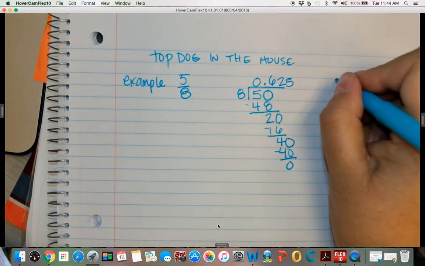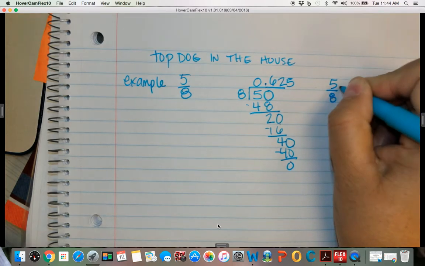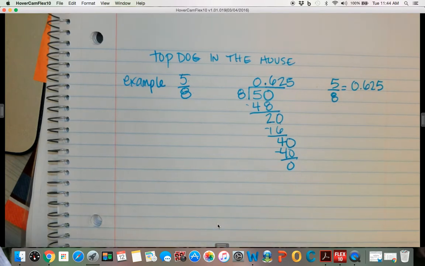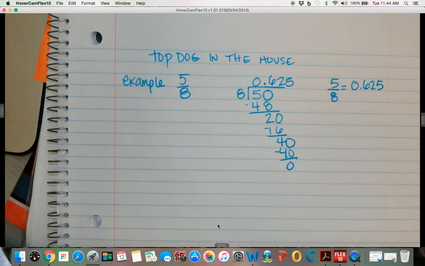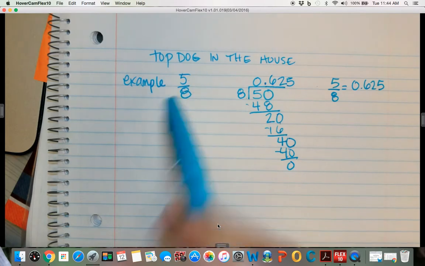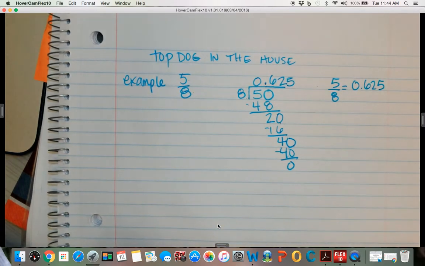So 5 over 8 is equal to 625 thousandths. The most common thing that I hear from students is that 5 over 8 is the same as 0.58. It is not true.